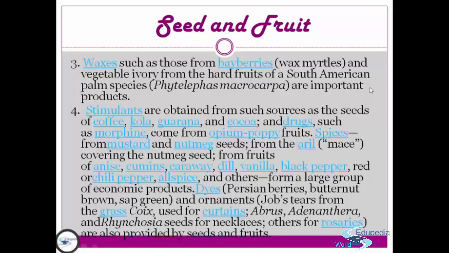Next, we have the stimulants from the seed, which are obtained from such sources as the seeds of coffee, cola, guarana, and cacao, and drugs such as morphine come from opium poppy fruits, spices from the mustard and nutmeg seeds, and mace from the aril covering the nutmeg seed. And there are a lot of advantages in terms of seeds and fruits.